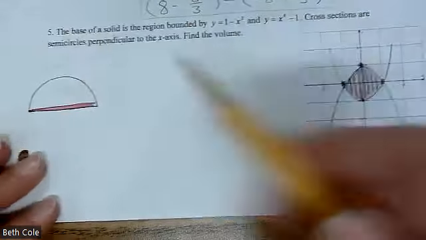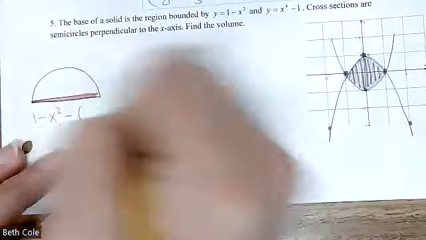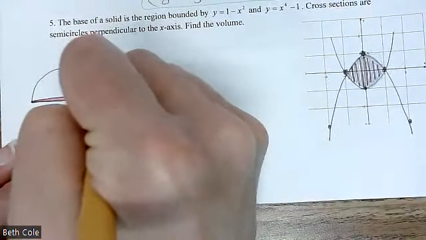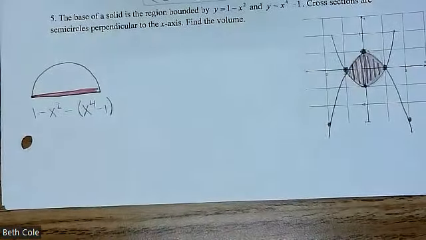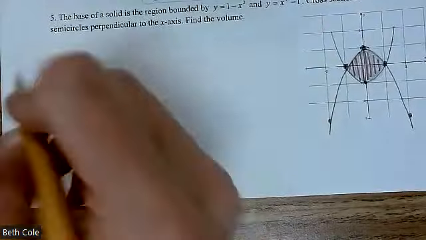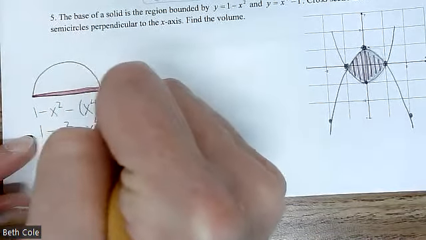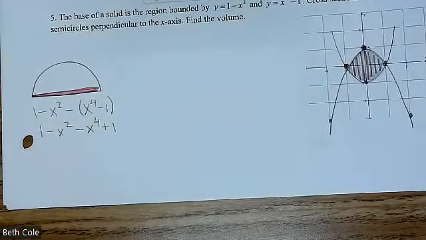All right, good. So 1 minus x squared minus the other one. I would distribute the negative and combine some stuff together there, because you're going to have to recopy that into the integral. So let's do that. 1 minus x squared, it'll be minus x to the 4th plus 1.